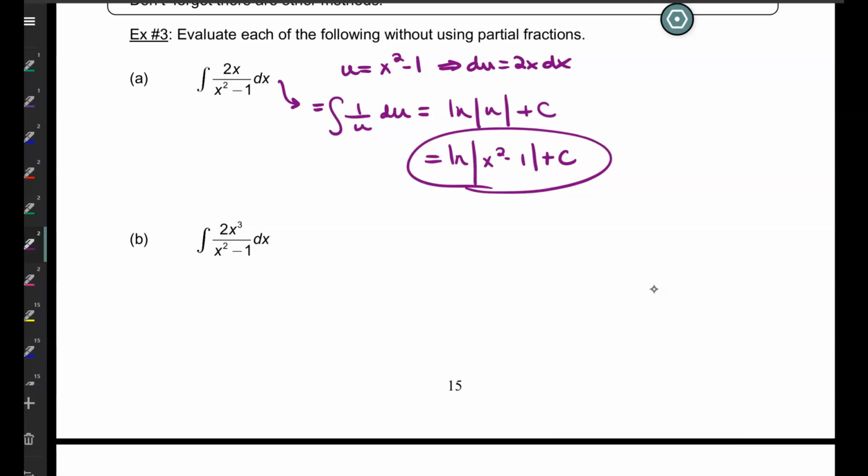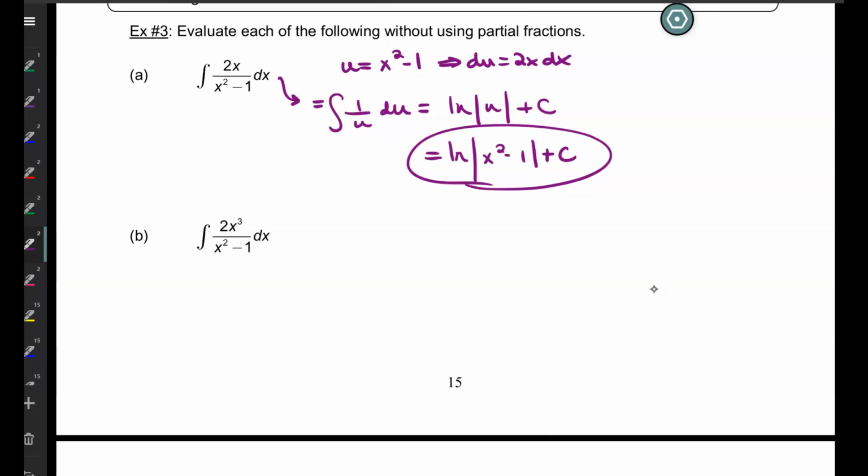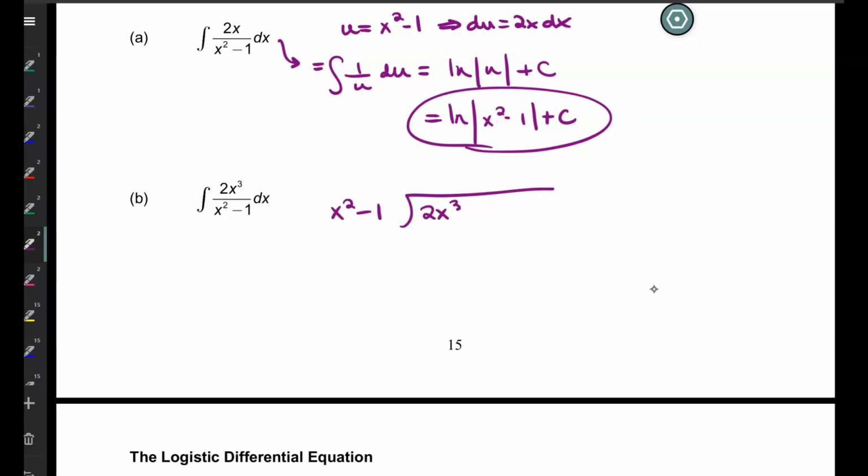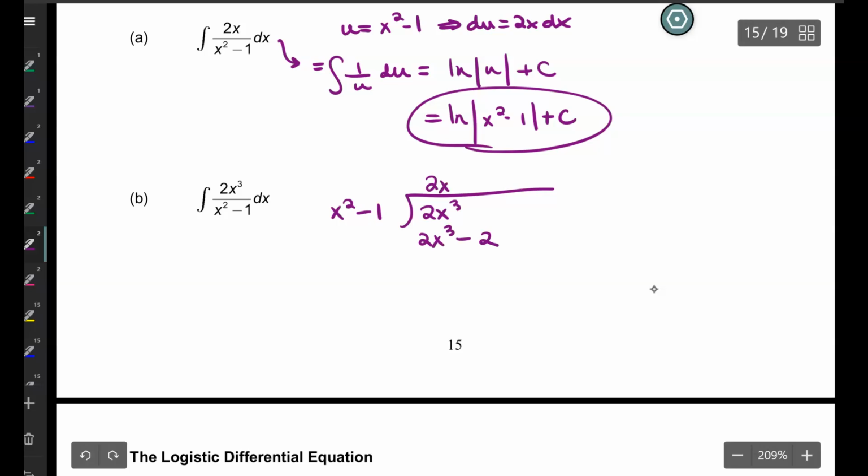Next one. So 2x cubed over x squared minus 1. I would recommend, since the numerator is larger than the denominator, to try doing long division. So we're going to get 2x, so that's going to be 2x cubed minus 2x.